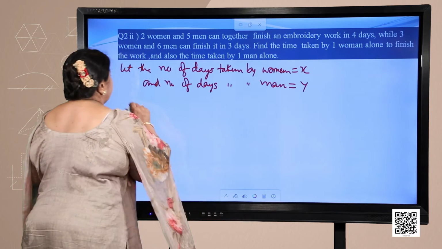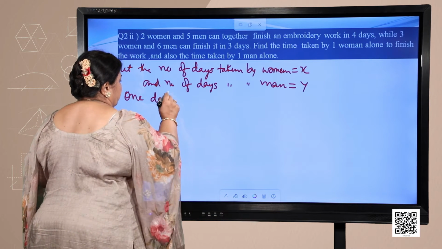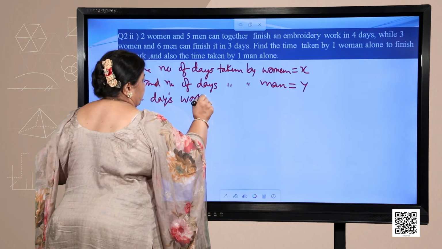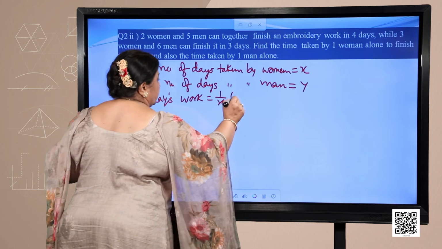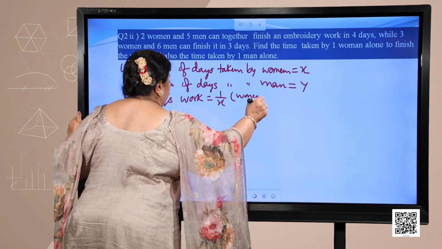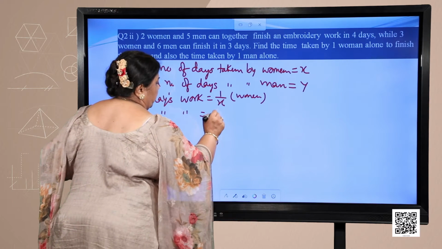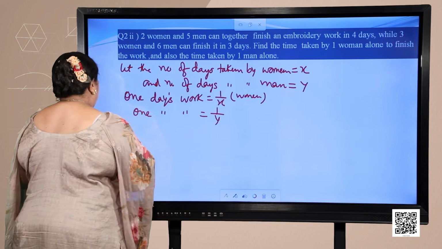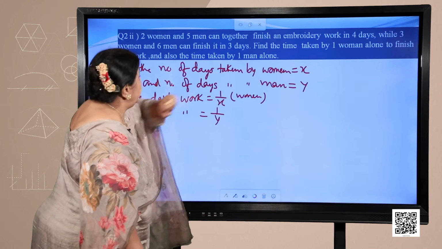So, 1 day's work of one woman will be how much? 1 upon x, and this is for women, and for men it will be 1 upon y. Now, according to question, how many days are they taking? 4 days.